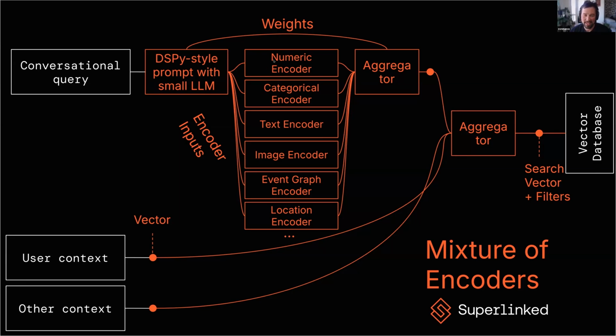So basically, we break the problem down into Lego blocks, out of which we assemble a model that has the right encoders that fit our problem, and then we put a prompt optimizer in front that feeds those encoders with the right inputs given the query, and it also sets the weights for how the outputs of those encoders should be aggregated into the final embedding.